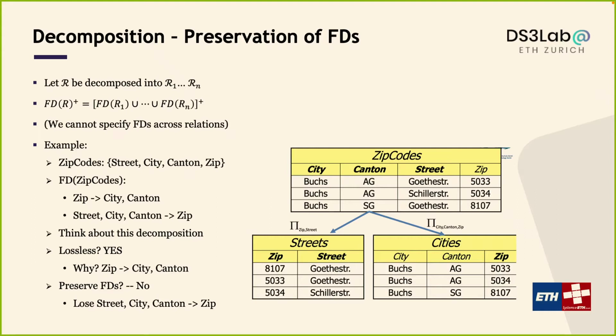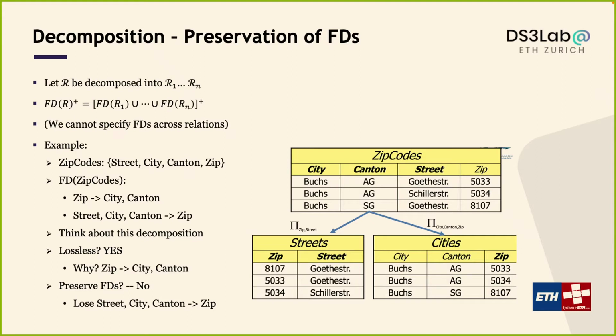All I can define on these two small relations: on the first one there's nothing I can define, there's no functional dependency there. On the right-hand side, you have zip code decides city and street. You actually lose one functional dependency from the big table once you decompose it. So these are the two interesting things about decomposition: some are lossless, some preserve functional dependencies.